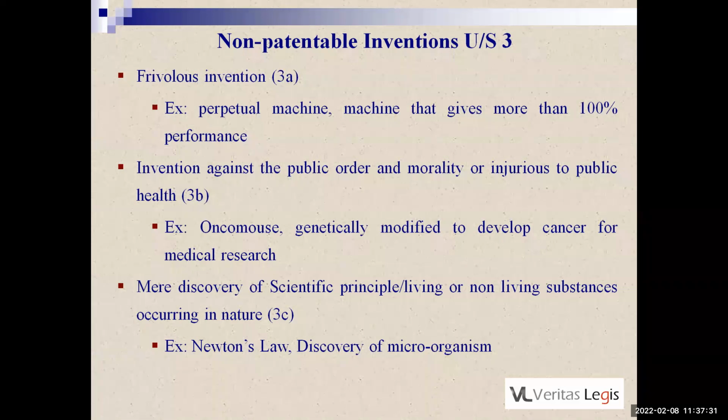Any invention against public order or morality, such as an invention for killing any person, or injurious to public health, is not patentable. If you have just discovered any scientific principle, whether living or non-living, occurring in nature, like Newton's law or the discovery of any microorganism, it is not patentable.